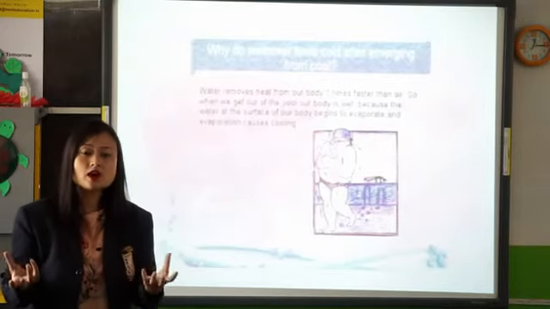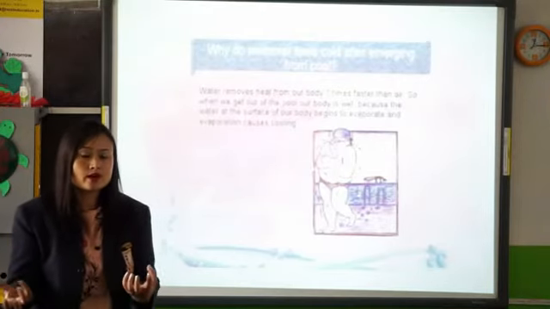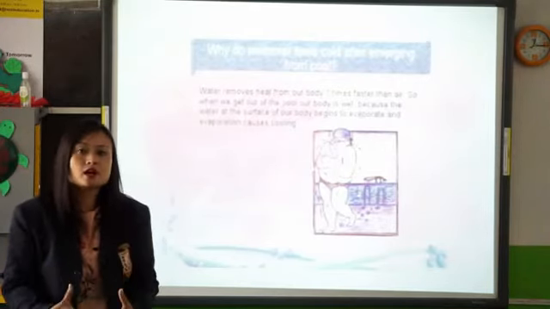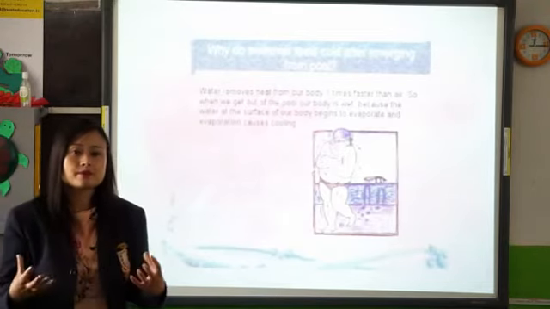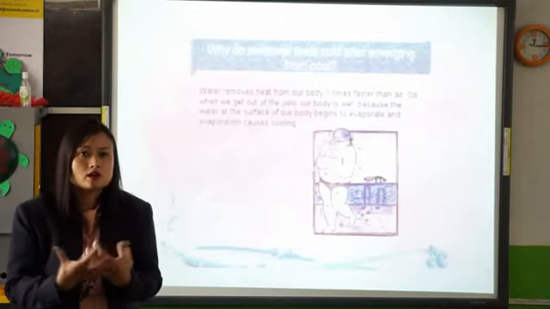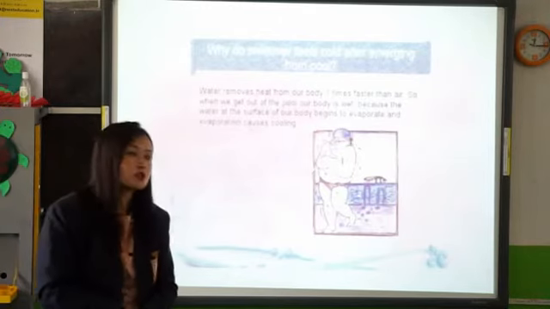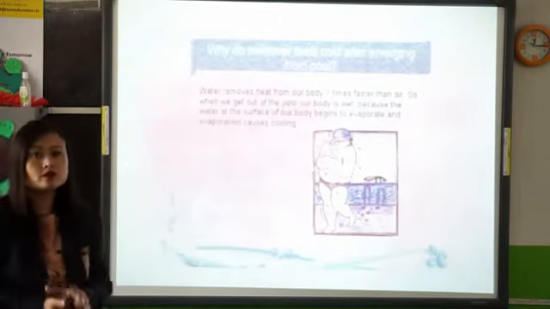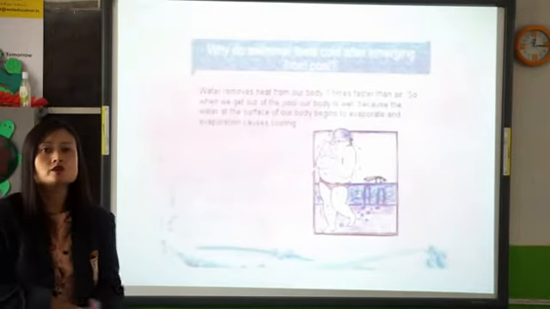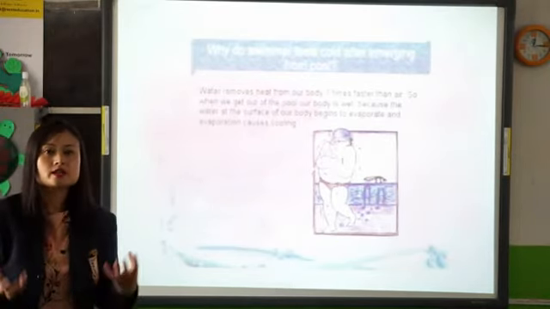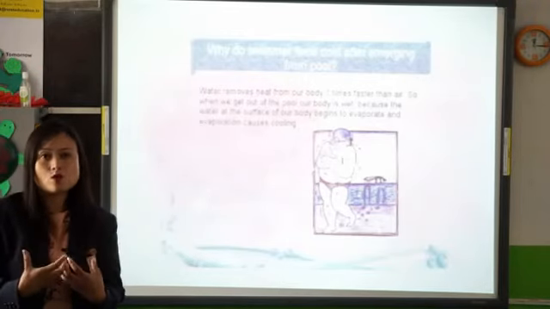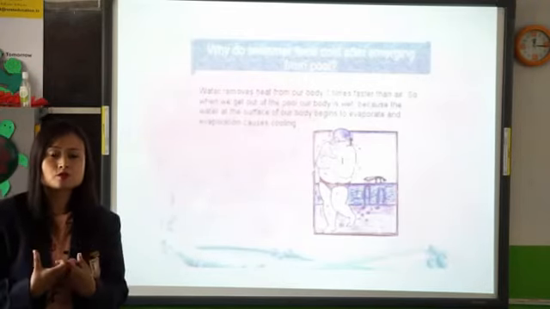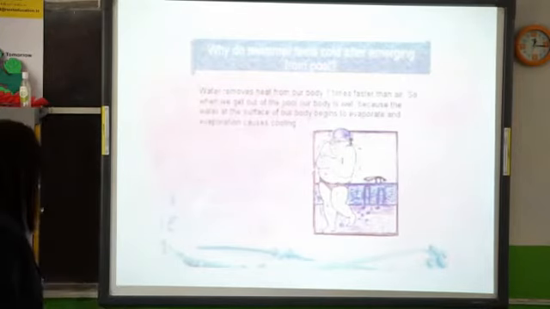When it evaporates, taking heat from your body, the body temperature becomes lesser. And when the body temperature becomes lesser, we feel cold. So this is why we feel cold when we come out of the swimming pool, because the heat is absorbed by the water from our body to evaporate.